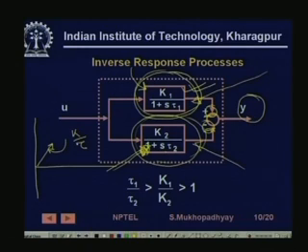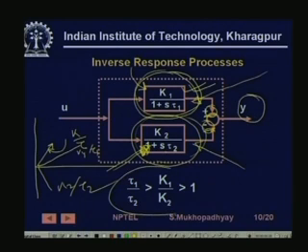So, during initial response, this block will produce a slope which will be minus k2 by tau 2, and this block will produce a slope which is k1 by tau 1, and this is k2 by tau 2. Since according to this condition k2 by tau 2 is greater than k1 by tau 1, therefore initially the response, now we can go to the next slide.